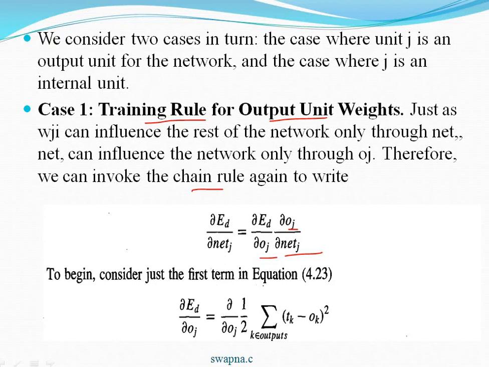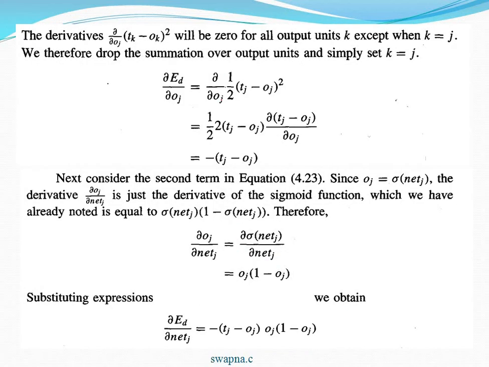To begin, we replace the error term with its formula. Within this, we consider the first term, the derivative of error with respect to the output unit, which is half of the squared-error formula. After that we apply the derivative.